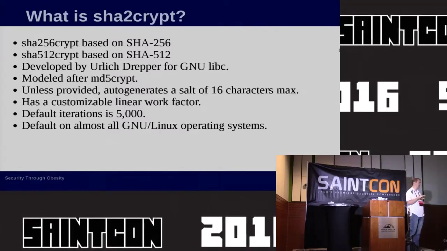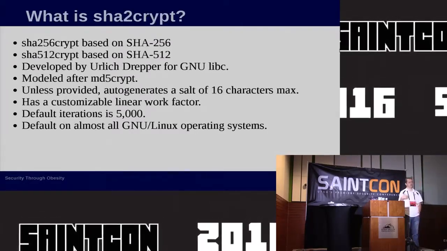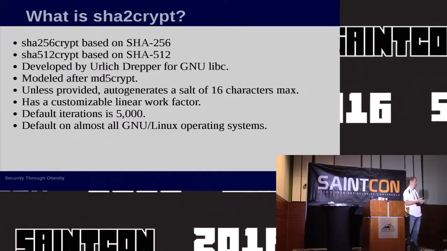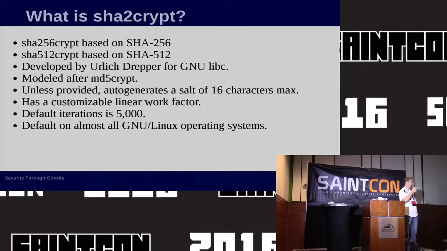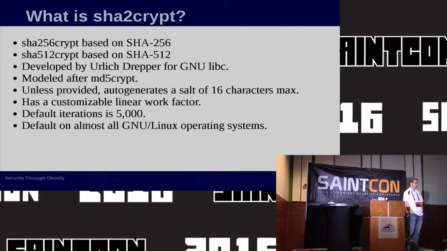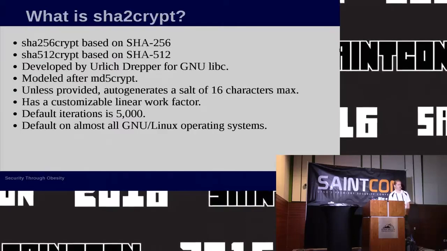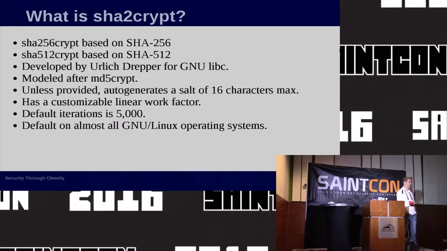This is the default password hashing algorithm for Linux. If you've got Red Hat or Ubuntu or Debian or SUSE or Slackware or really any of the Linux distros, you're very likely using SHA-512 crypt as your default password hashing algorithm for the local accounts. It does default to a cost factor of 5,000 iterations, but like I said, that's tunable.